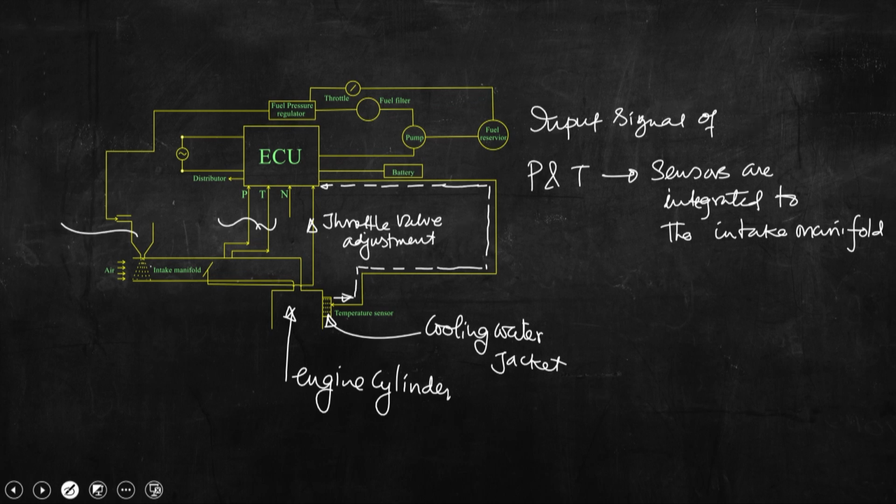So, this is the fuel nozzle. Okay. Now, you can see that the fuel pump takes fuel from this fuel reservoir, and that pump is responsible for delivering fuel through the fuel filter and the fuel pressure regulator into this fuel injector.